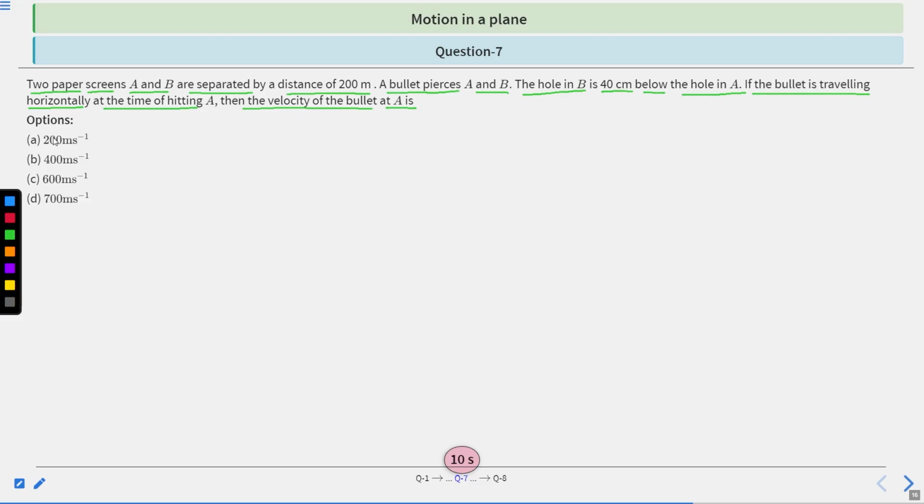Clear? Find out the solution. A, B, C, D. Which is the correct answer? You have 10 seconds to solve this question. After that, we will provide the solution.